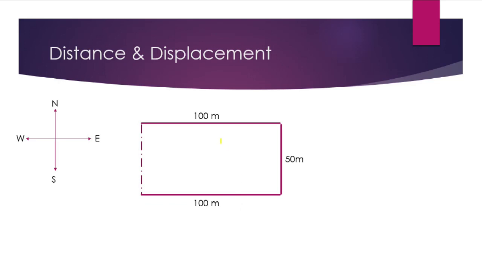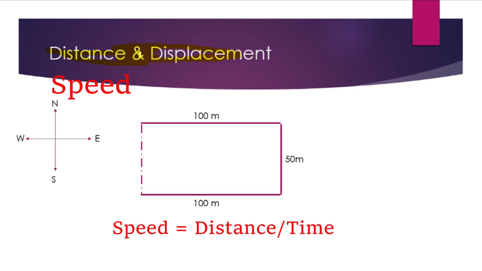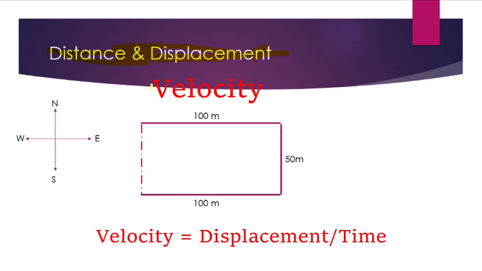So let's discuss distance and displacement, because these two are directly related to speed and velocity. Distance is directly related to the speed. Displacement is directly related to the velocity.